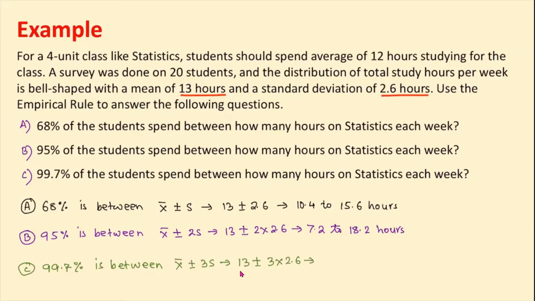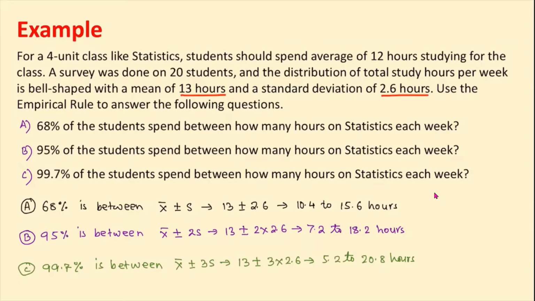Here 13 minus 3 times 2.6 is 5.2, and 13 plus 3 times 2.6 is 20.8. So 99.7% of the students spend between 5.2 and 20.8 hours on statistics each week.